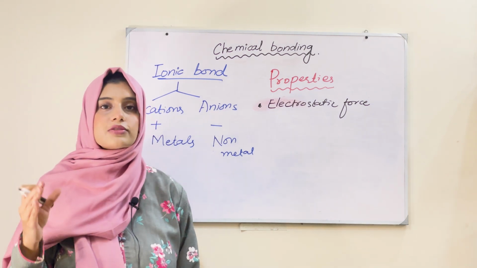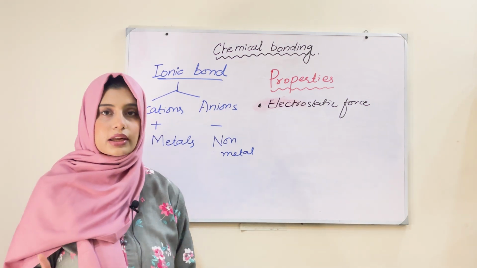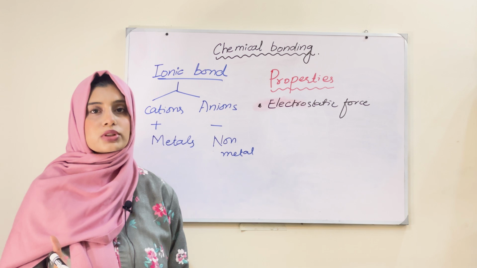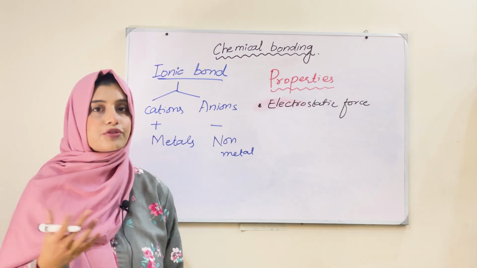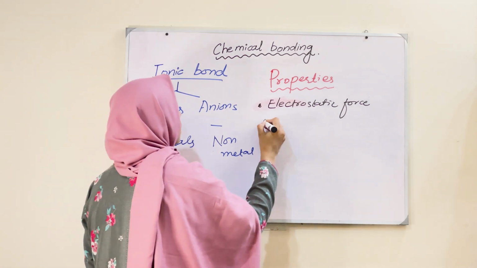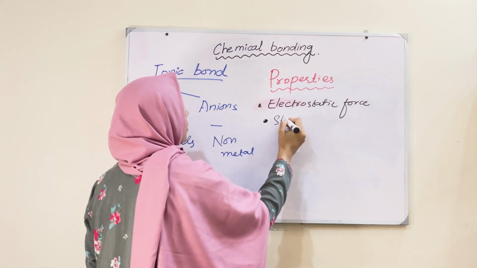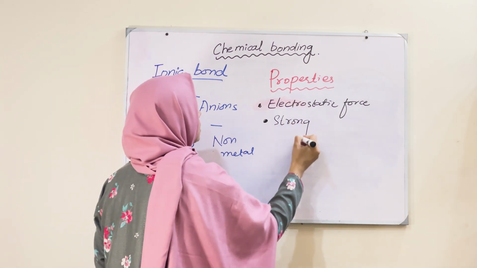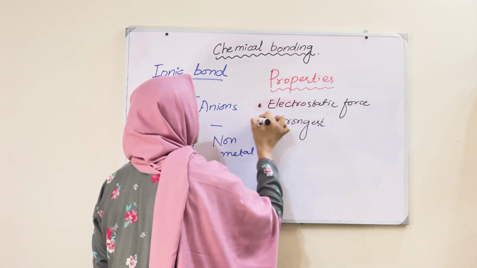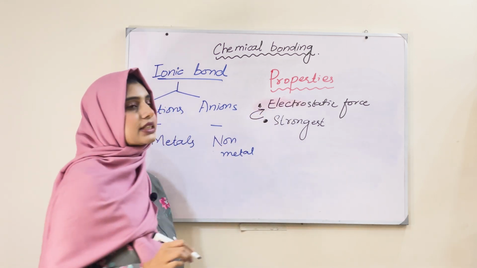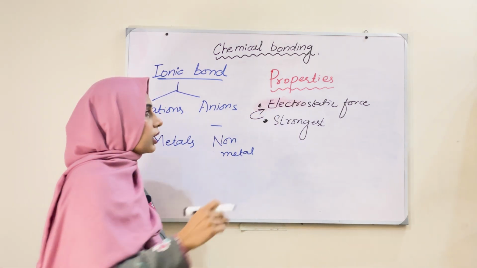Electrostatic force means when positive and negative combine, there is some force, and that force is known as electrostatic force. Then, if I talk about the strength of ionic compound, this bond is the strongest because it has electrostatic forces.